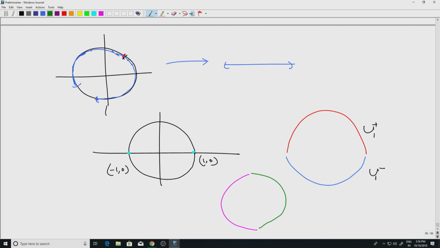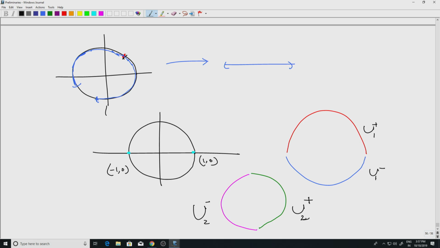So this I'll call U2 minus, and this is U2 plus.